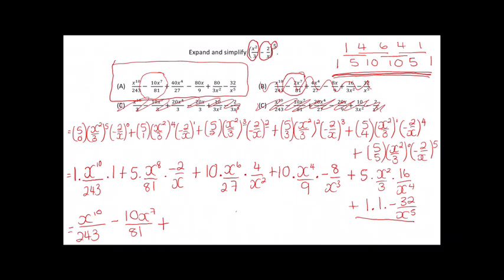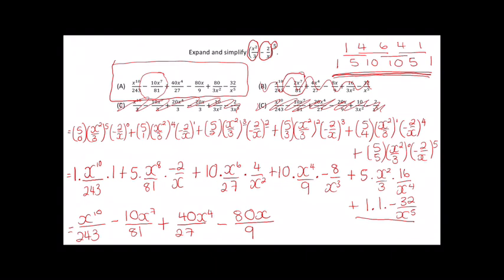So my next part, I've got 10 times 4 is 40. It's going to be over 27. I've got an x to the 6 over x squared, so that's going to give me an x to the 4 on the top. I've then got minus 80. I've got more x's on the top than the bottom, so that's going to simplify to give me an x on the top, a 9 on the bottom.